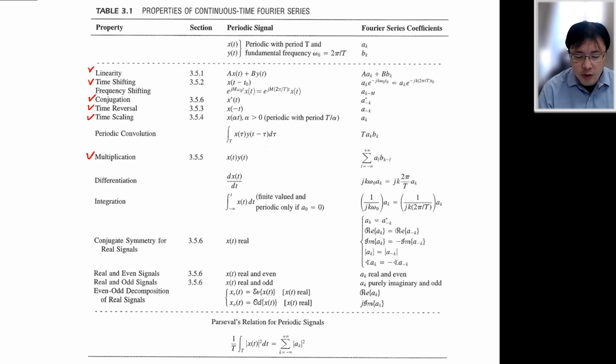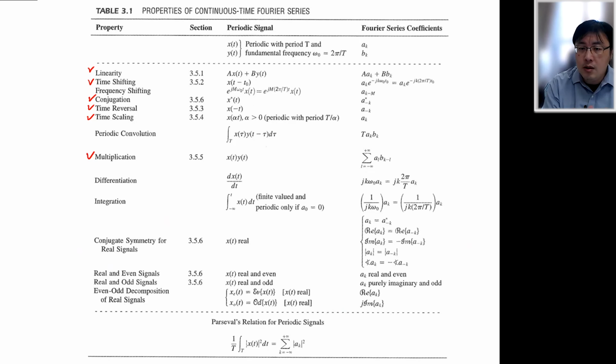If you recall, multiplication of two time domain signals has a Fourier series coefficient that is equal to the convolution of their corresponding Fourier series coefficients.